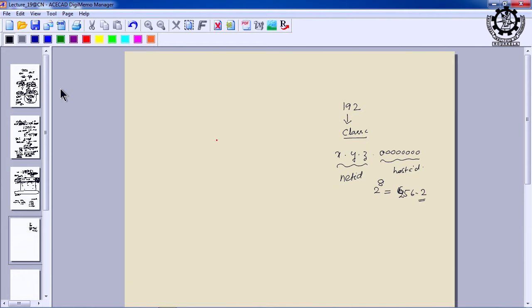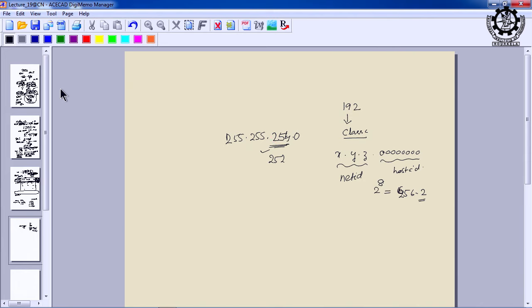Now, what is your subnet mask used? 255, 255, 250, 254. Who says 254 or any other number? Next time when you go to the lab, you check what this number is. 252. I accept this 252. Okay.